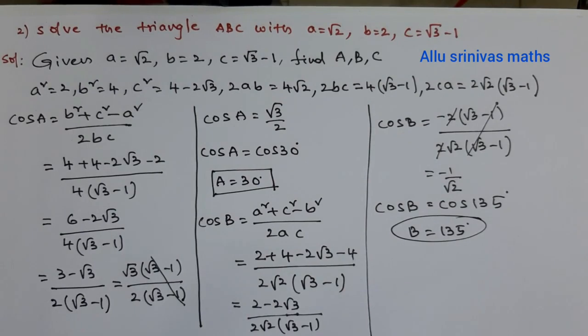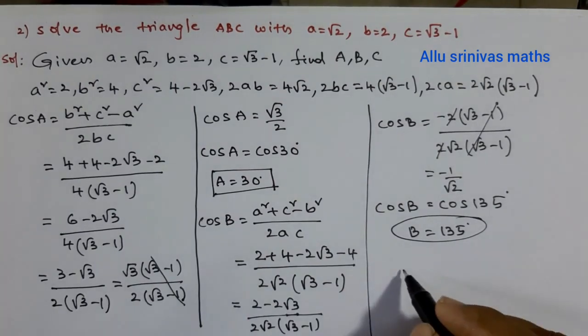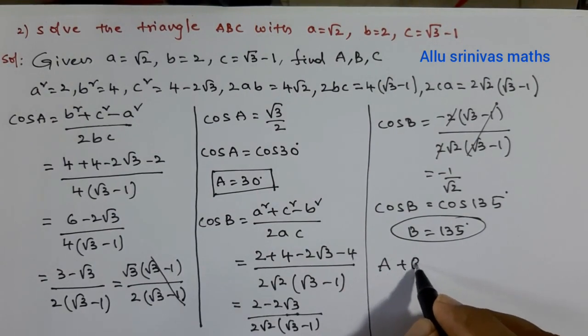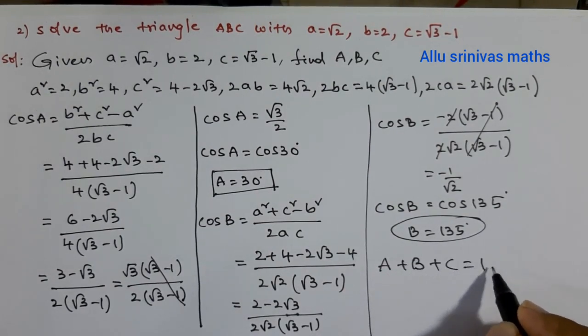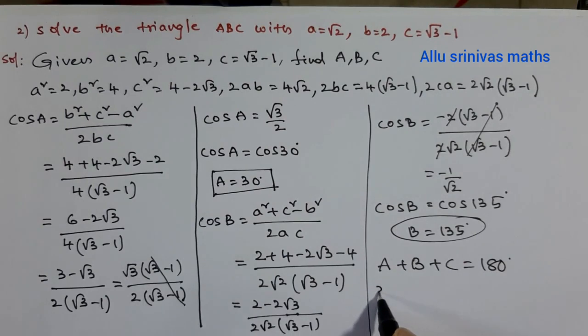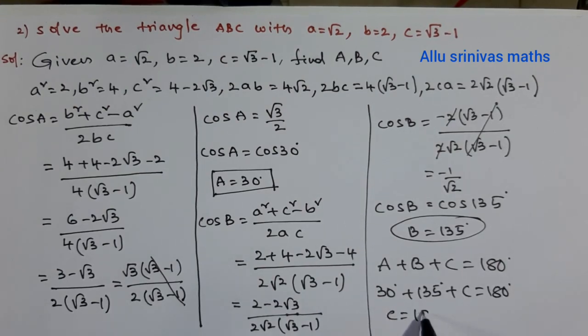And after that, the sum of three angles is 180 degrees, where angle A is 30 degrees, angle B is 135 degrees. Then finally C equals 180 minus 165 degrees, equal to 15 degrees.